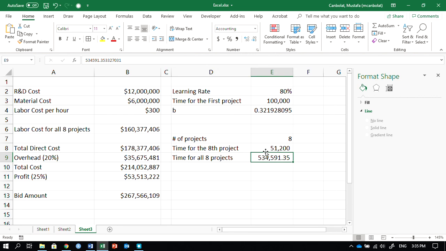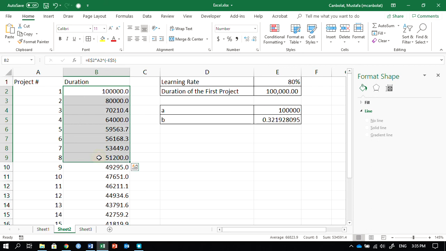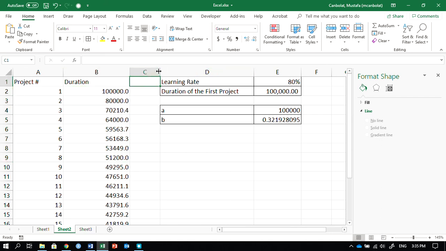In that case, what I have to do is go to my sheet here. Duration of the first project is 100,000. Let's just make it a number and fix the formatting. Learning rate is 80%, and the time for 8 projects is 534,591.4.